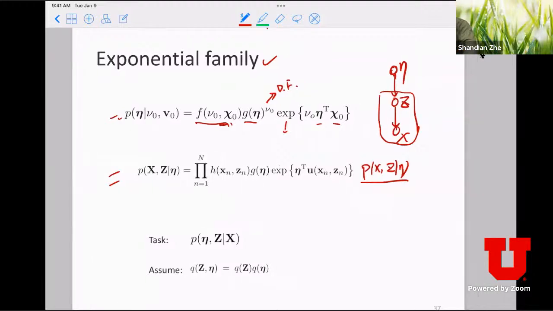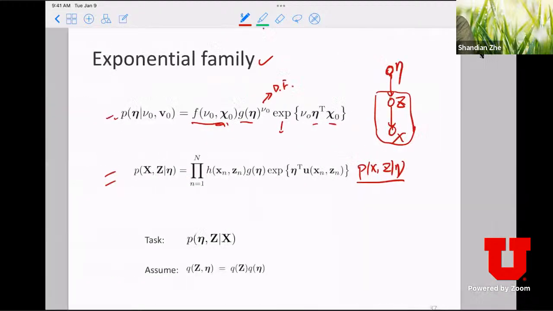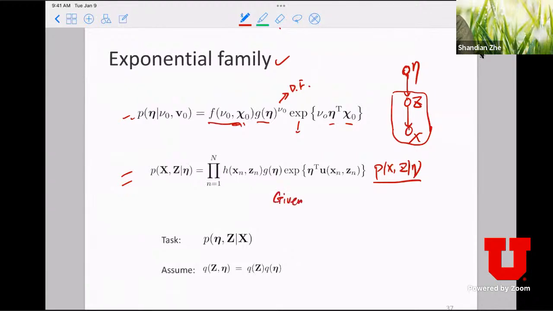Let us try to update q of zn first. That means we fix the current q of eta. How do we update q of zn? Following the updating rule we previously derived, we take the logarithm of the joint distribution, which will be log p of eta plus the logarithm of the likelihood over n points.